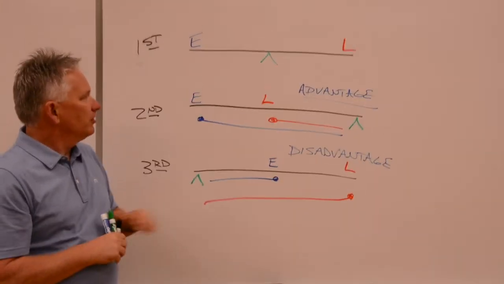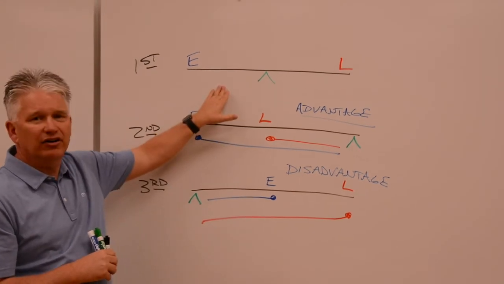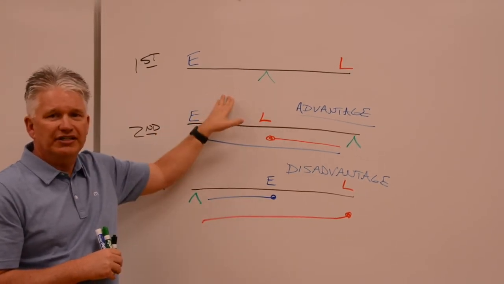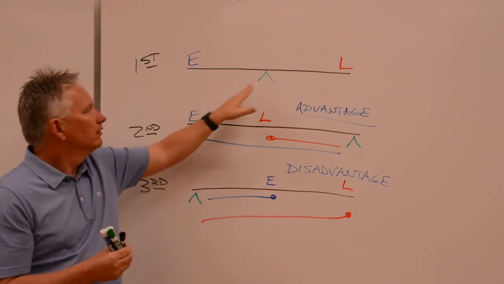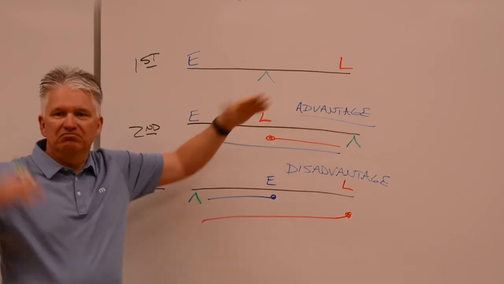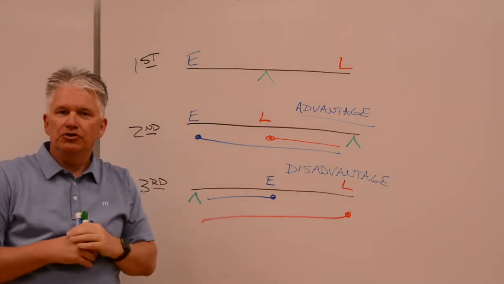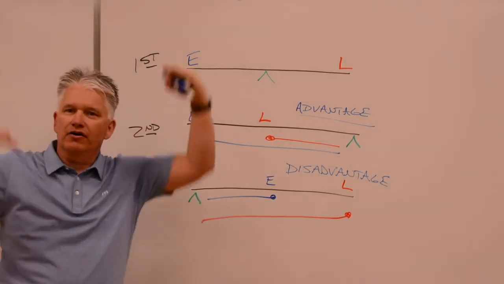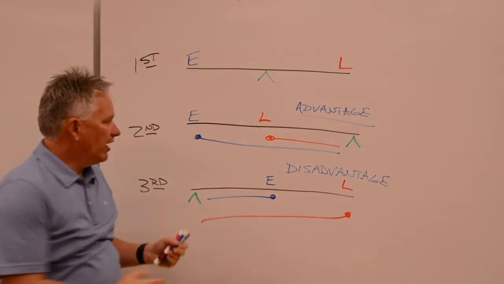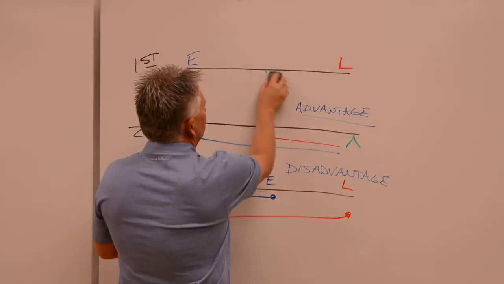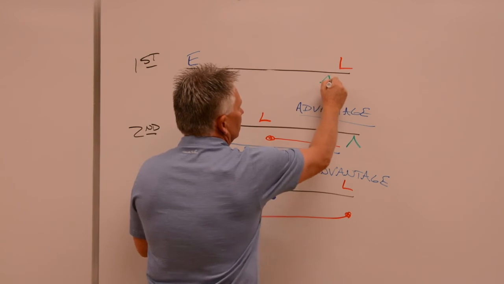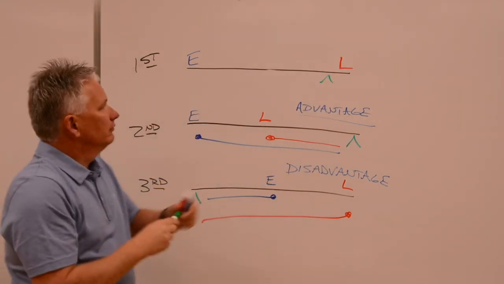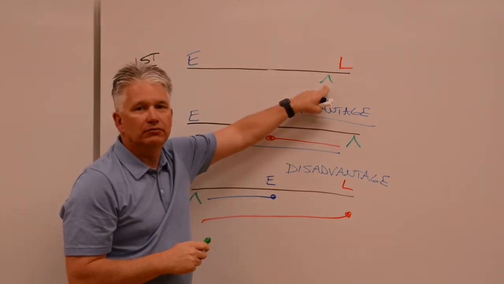First, second, third. The first class lever, who's at an advantage or disadvantage? Depends on where the fulcrum is located. If we put it right in the middle, we're kind of equal. Those two kids on the teeter-totter are all going to go the same height. But if we were to move the fulcrum toward the load, now the load's closer.